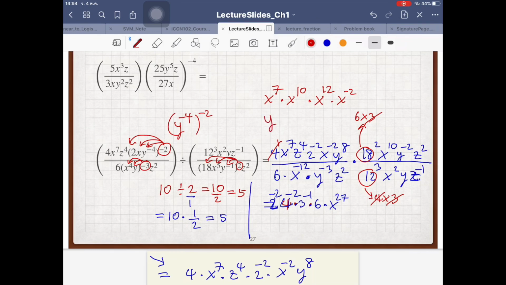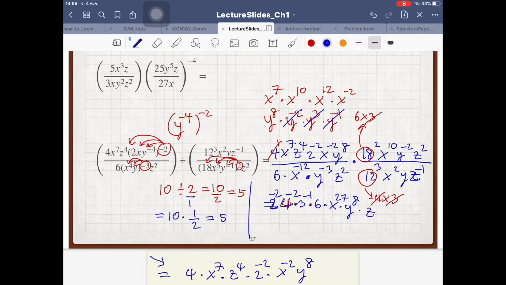So now you get y to the power 8 minus 2 plus 3, and then y to the power minus 1. Here you have minus 2 minus 1, you get minus 3, plus 3, you get the power of 0. So actually you get y to the power 8.